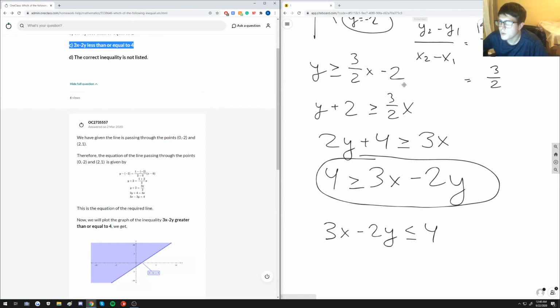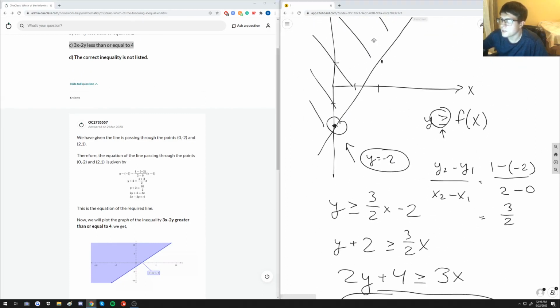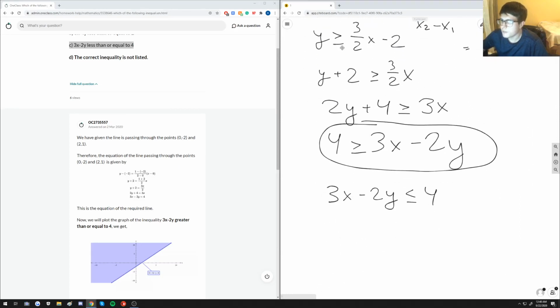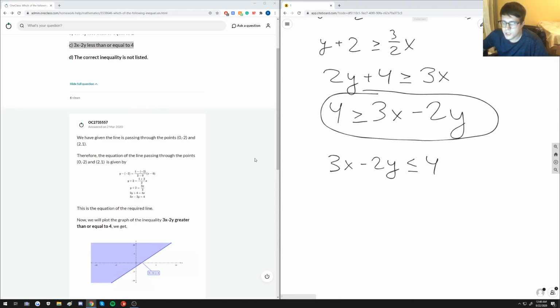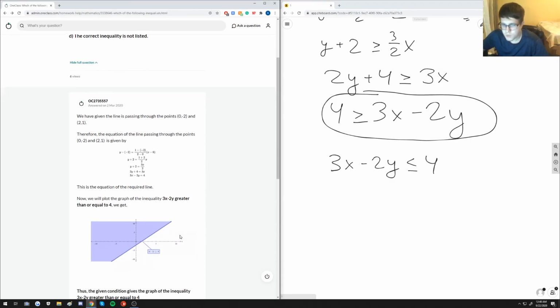So we had y is greater than or equal to this line, meaning that it's up here. And we multiplied by 2 on both sides, and then we rearranged it this way. And I believe what he messed up is he meant to say that 3x minus 2y has to be less than or equal to 4.